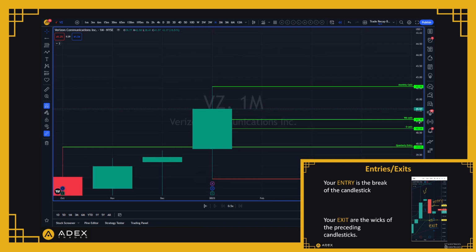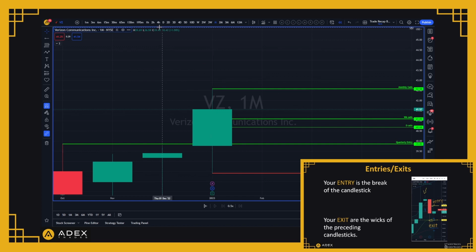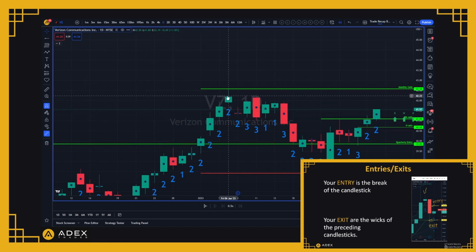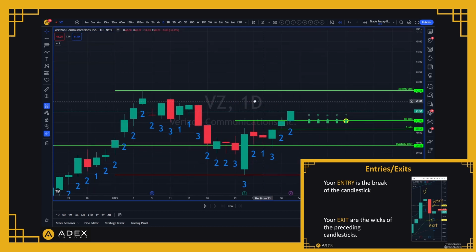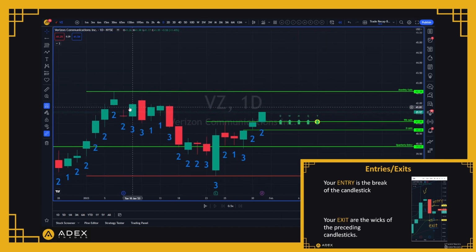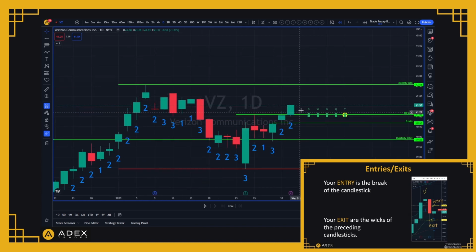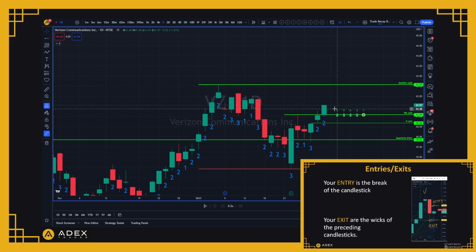The high of January was 42.58, which is what we hit today, I believe. Where did we hit that? Friday the 6th. That was the high of January. So if Verizon opens 2 up or 2 down tomorrow, it doesn't matter. It will still be inside month, because now we are inside the range of January's month.